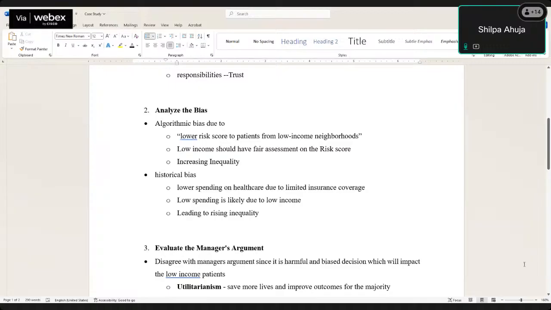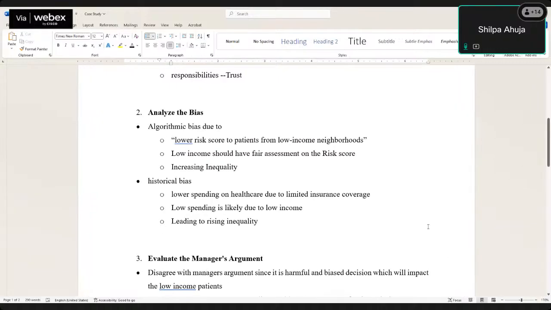So the second one was about analyzing the bias. There are primarily two kinds of bias we are identifying here. One is the way the algorithm is built. There is an inherent bias there, where it is assigning a low risk score to patients who are coming from low income neighborhoods. The ideal system should have a fair assessment of low income and high income neighborhoods, because this is leading to increasing inequality in terms of the healthcare provision that will be given to them based on this assessment.